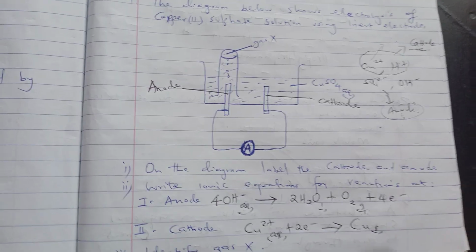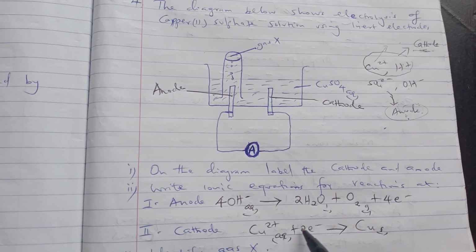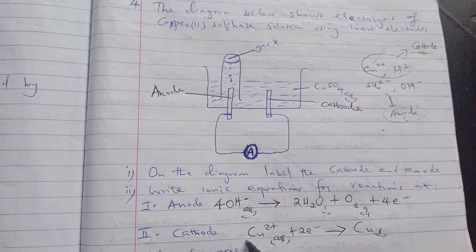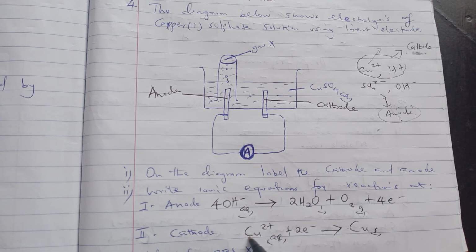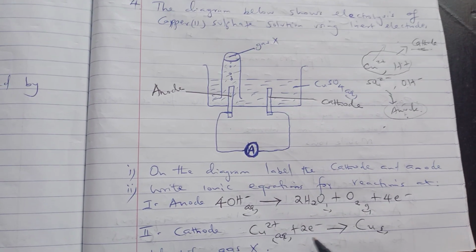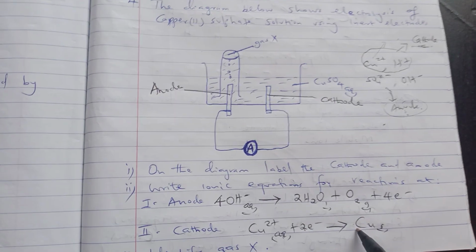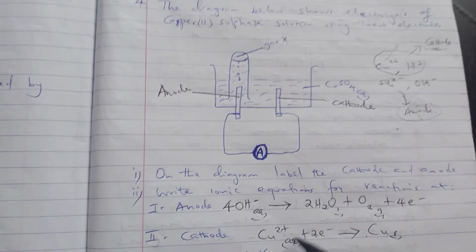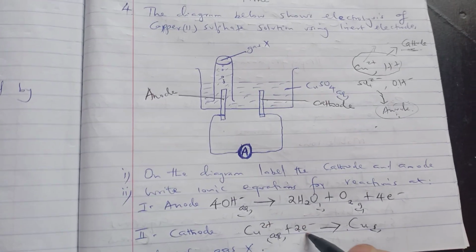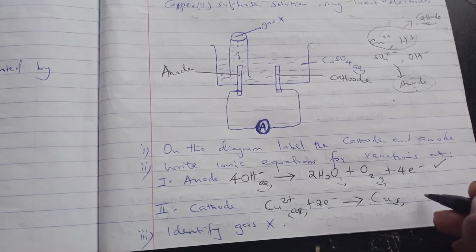Instead of writing 4, 4, 4, if you have a 2 here, 2 will give you 4 electrons to give you 2. So you'll have to simplify by 2, by 2, by 2. You still get 1, 2, 1. So you just write it like the way it is, like this. Copper 2 ions plus 2 electrons to give you copper metal. So this one is the ionic equation at the anode, and the ionic equation at the cathode, like that.